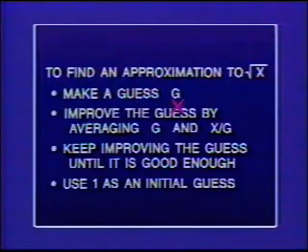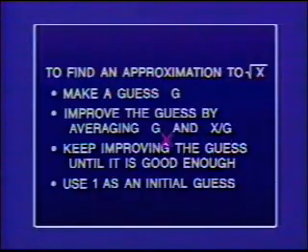If the g that you picked was larger than the square root of x, then x over g will be smaller than the square root of x, so that when you average g and x over g, you get something in between. So if you pick a g that's too small, x over g will be too large, and if your g is larger than the square root of x, x over g will be smaller.